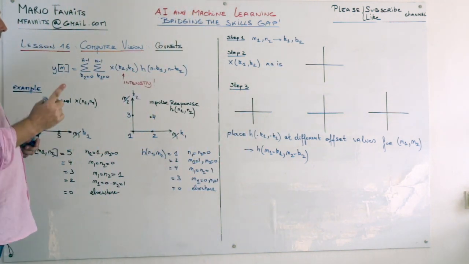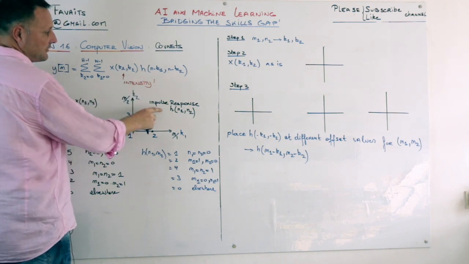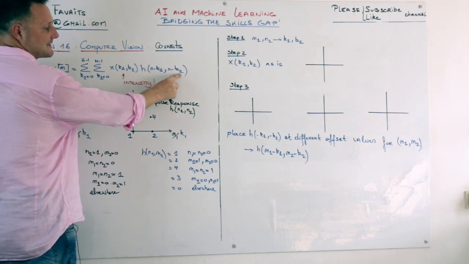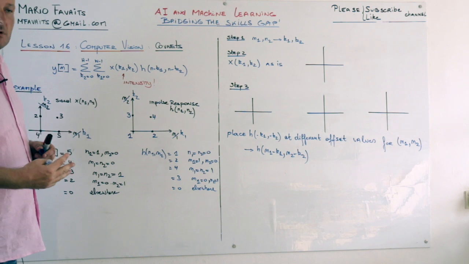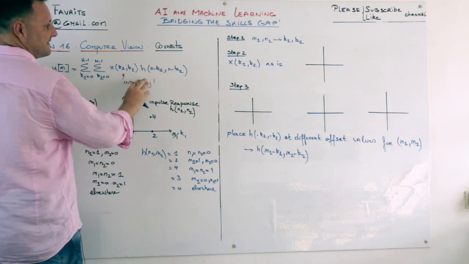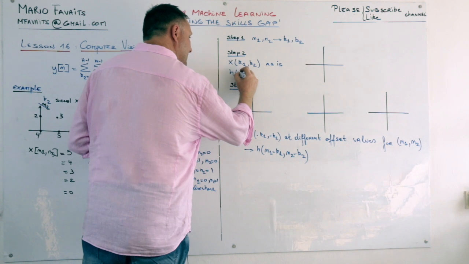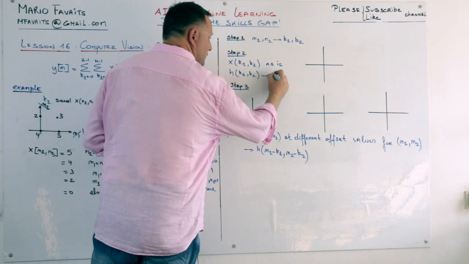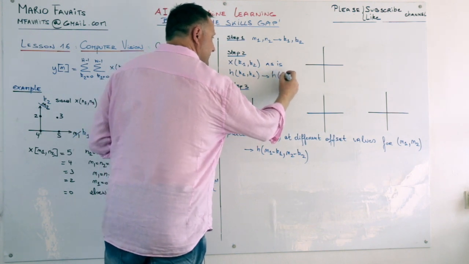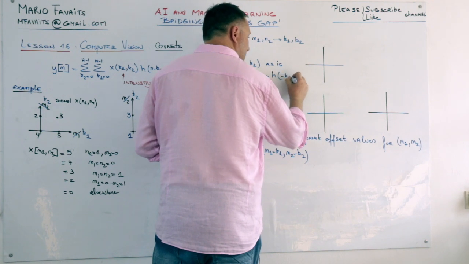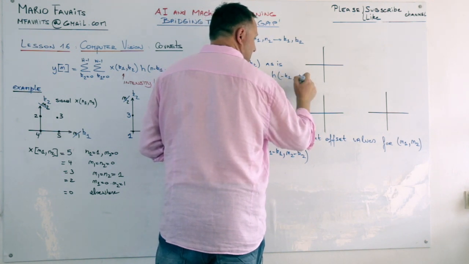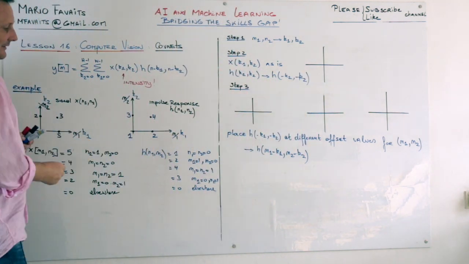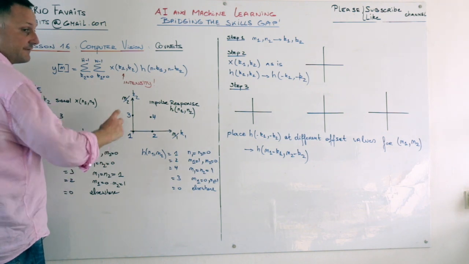But in terms of the impulse response, we're going to define what H of minus k1, minus k2 is. Forget the n for the time being; consider it 0. So we go to H of minus k1, minus k2. Basically what you're going to do with H is flip it.